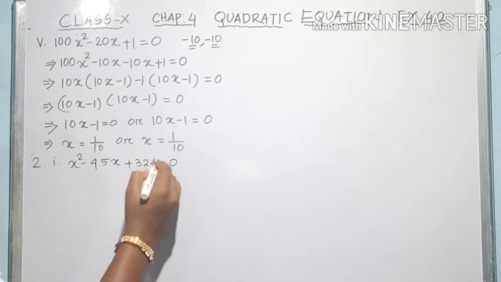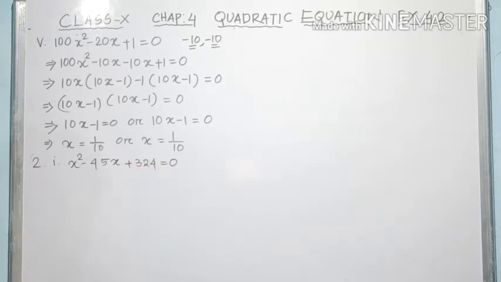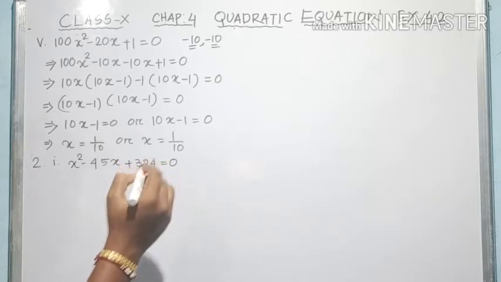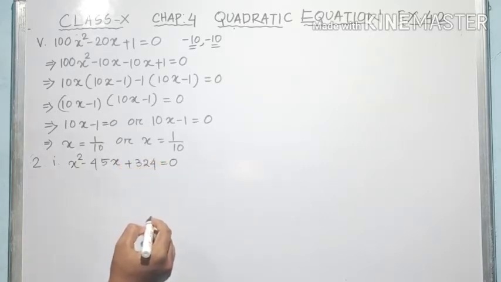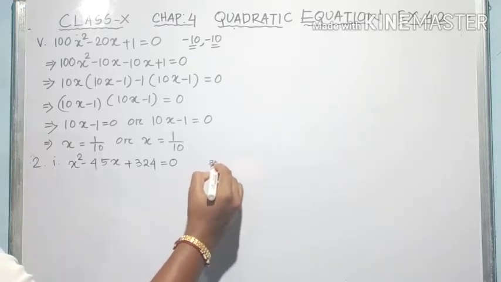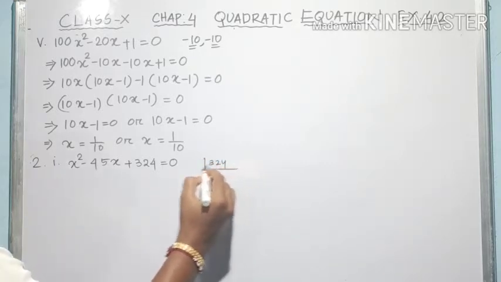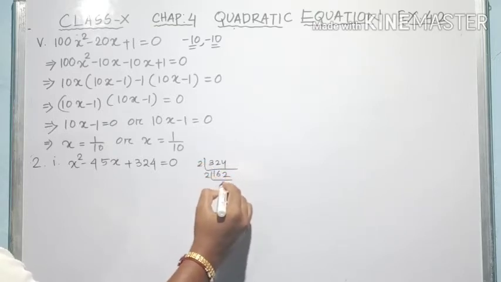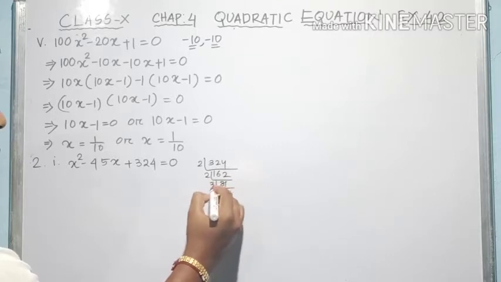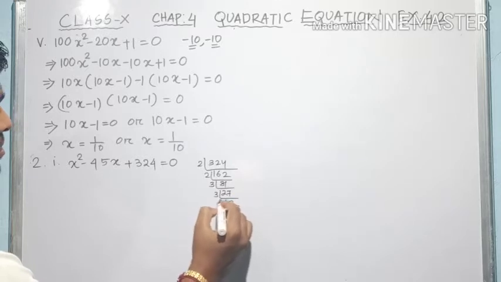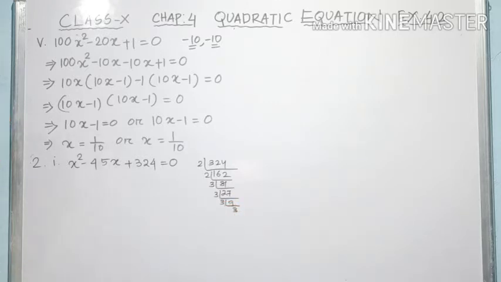Let's factorize 324. By doing the prime factorization, you can easily find out. 324 is 2 times 162, 2 times 81, 3 times 27, 3 times 9, 3 times 3.